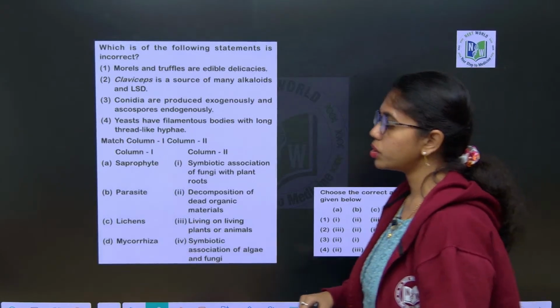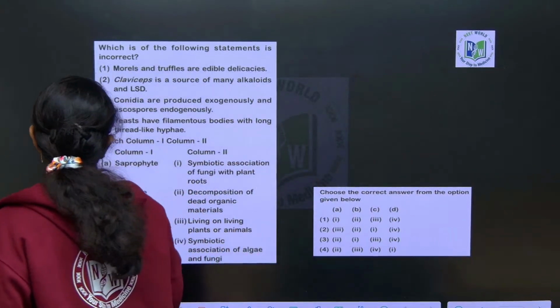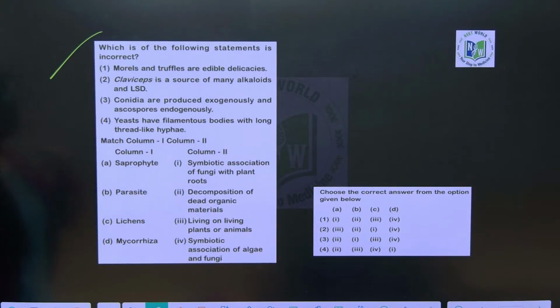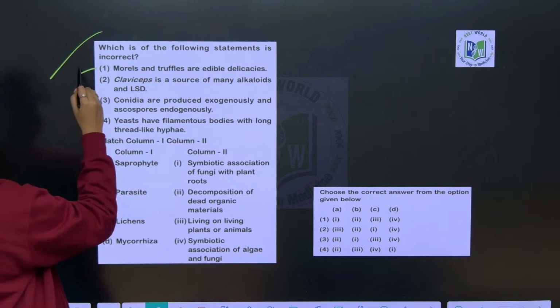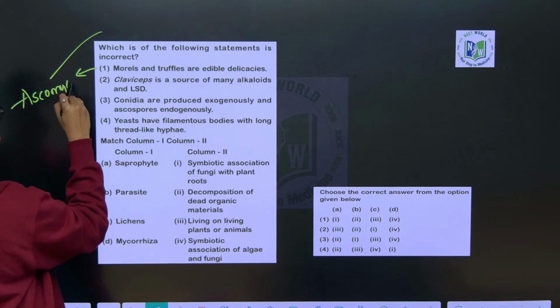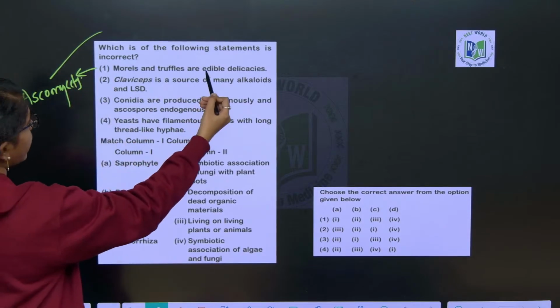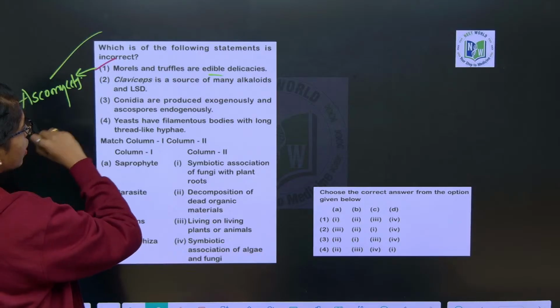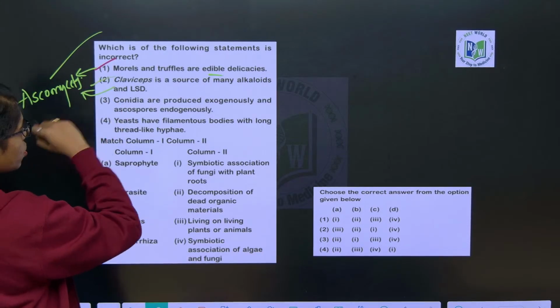And next, which of the following statements is incorrect? This is from fungi. Morels and truffles belong to which class? Ascomycetes. They are edible delicacies, true. Claviceps is a source of alkaloids, this is also Ascomycetes, true.